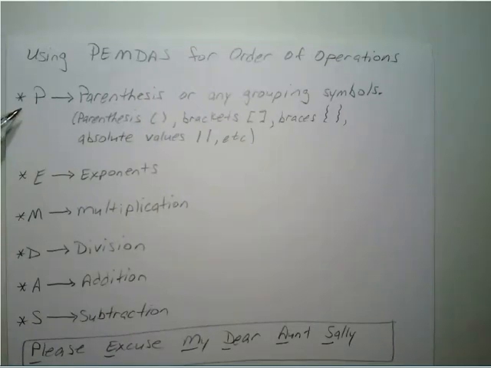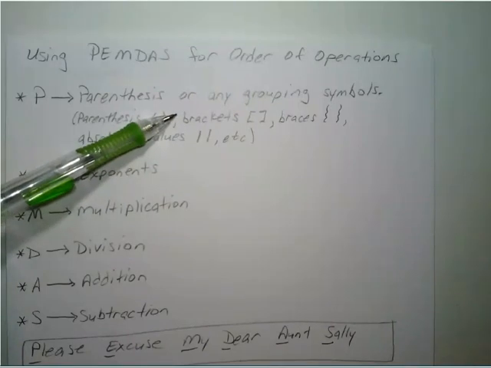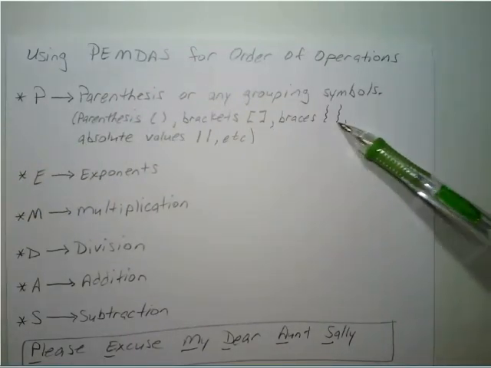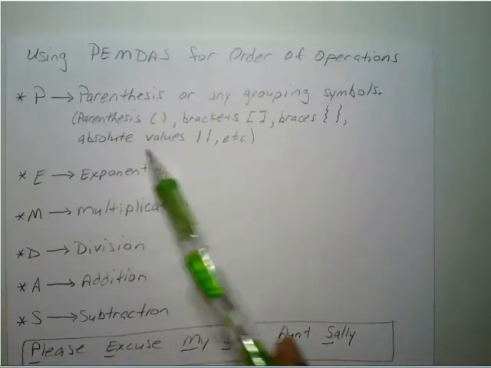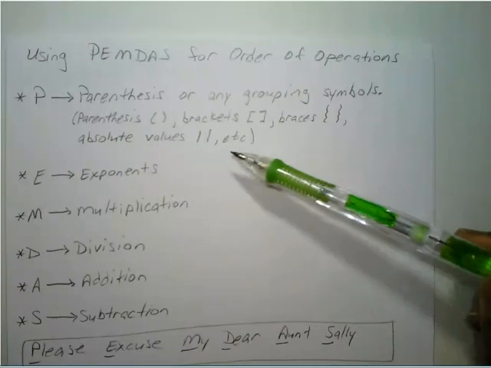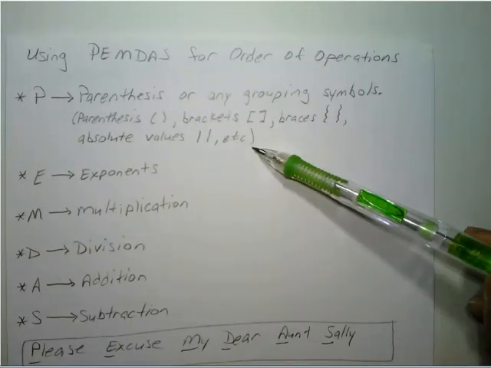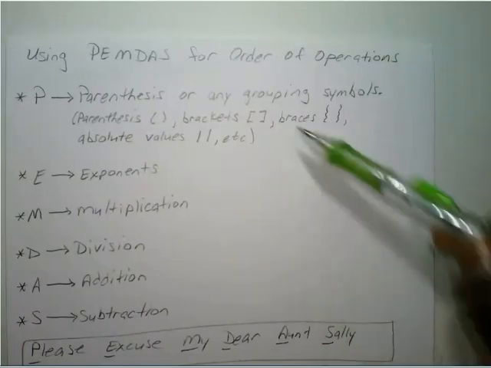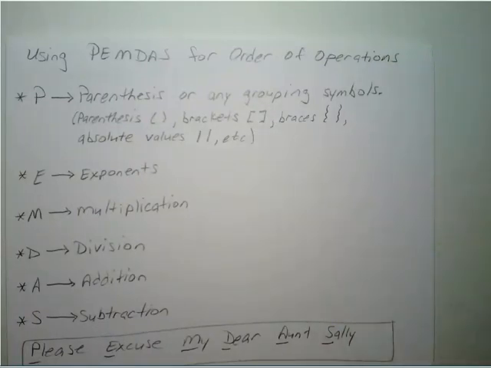Okay, so you have parentheses, or you could have brackets, which looks like this, or you can have braces, which kind of look like little crooked parentheses, or absolute values, which are just horizontal lines. And I'm sure there are a few others out there you might see, but those are the main ones, and those are the ones that we're going to focus on. Again, like I said, you might see different ones out there, but these 4 are the main ones.